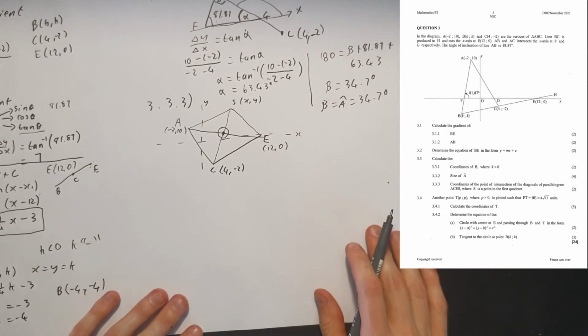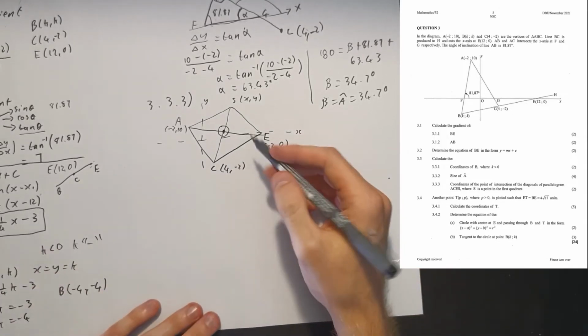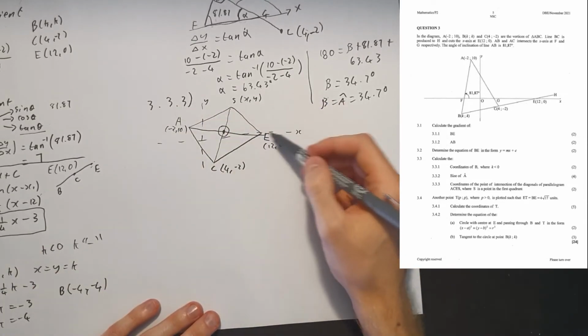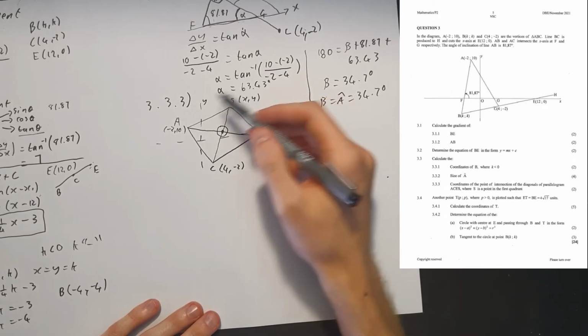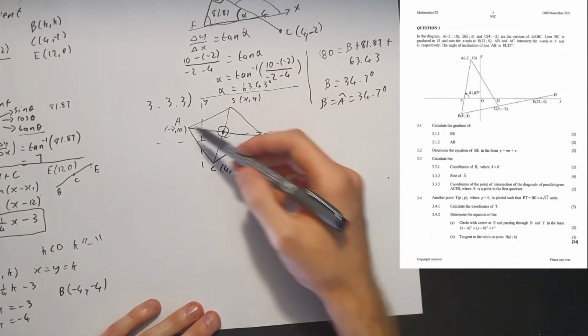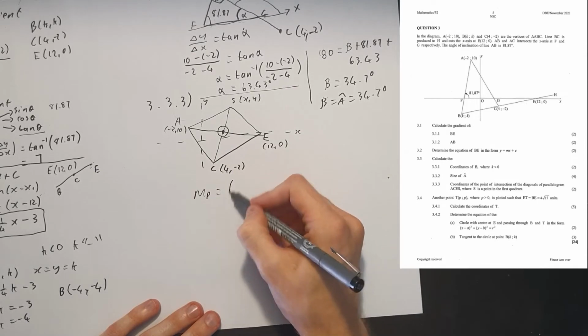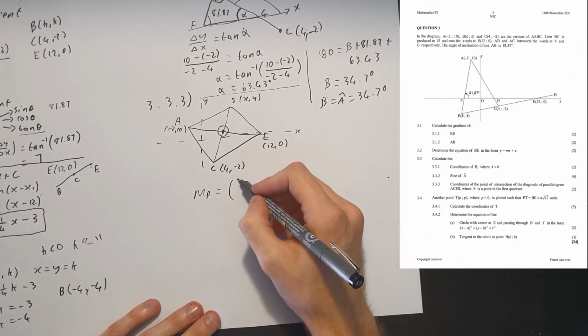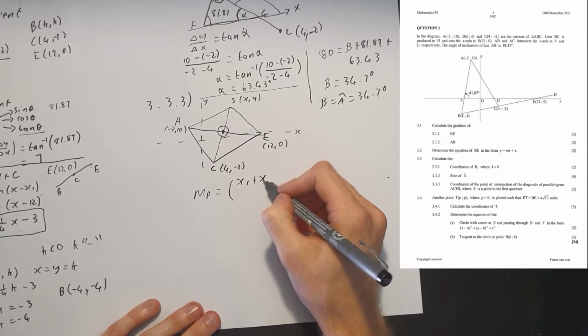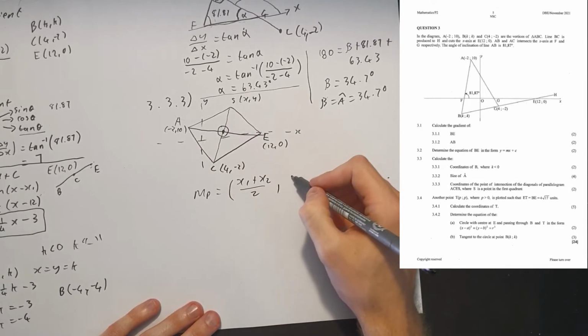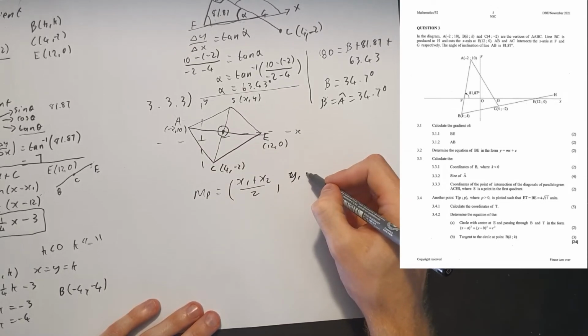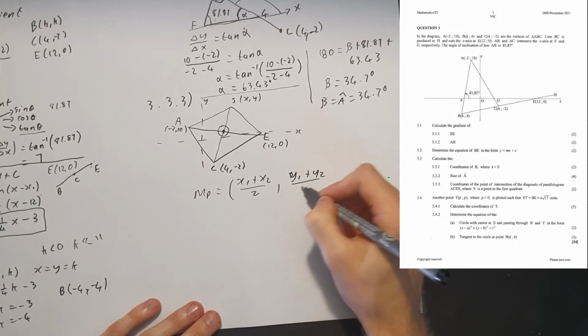So for this we're just going to use the midpoint calculation. We have A, we have E, we don't know what S is, so it doesn't make sense to try and solve for S first. So use A and E. We know that the midpoint is equal to the following: x1 plus x2 divided by 2, and then y1 plus y2 divided by 2.